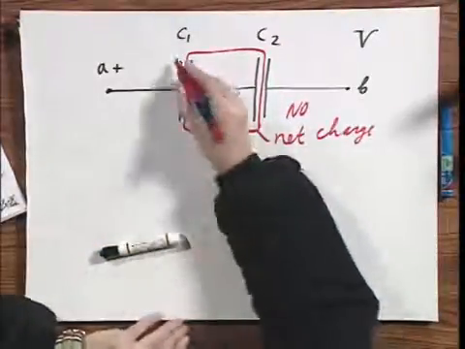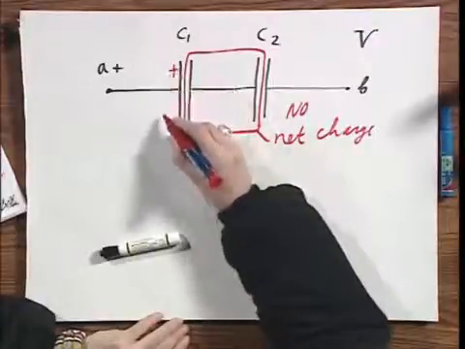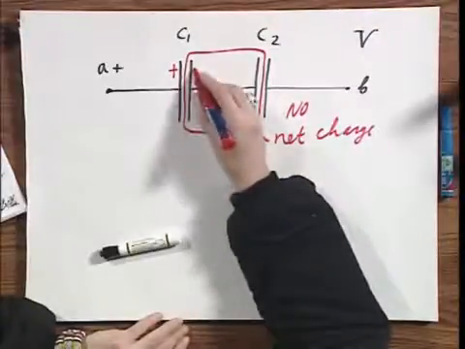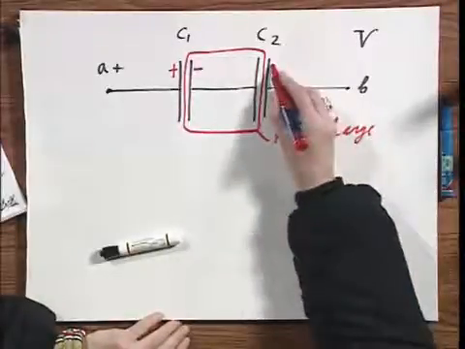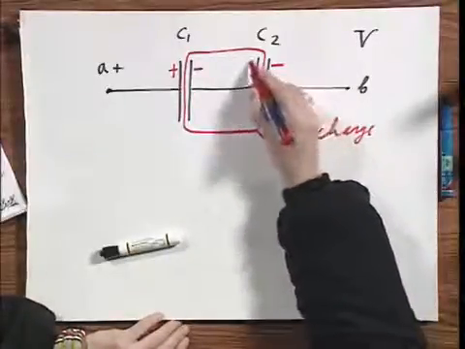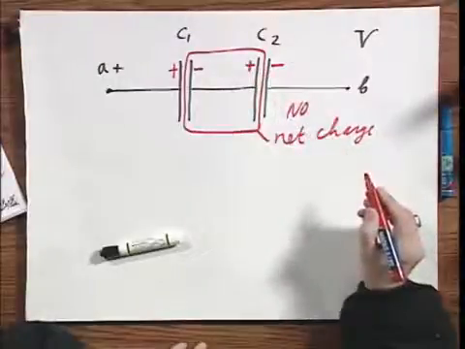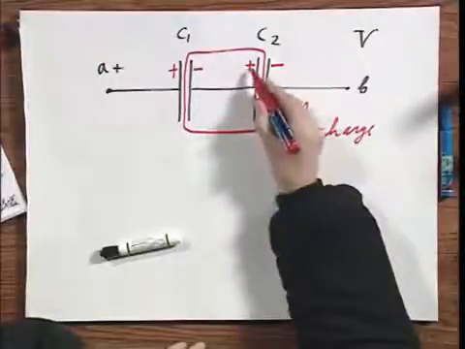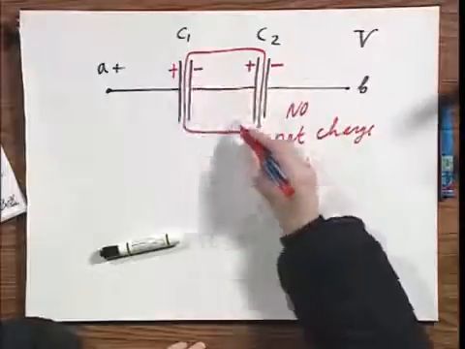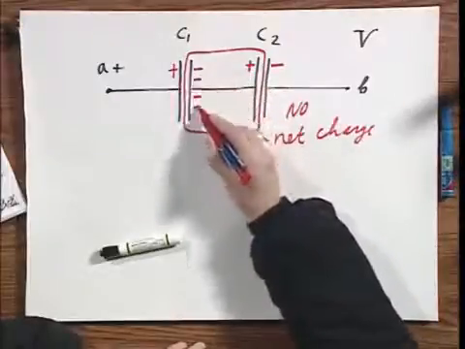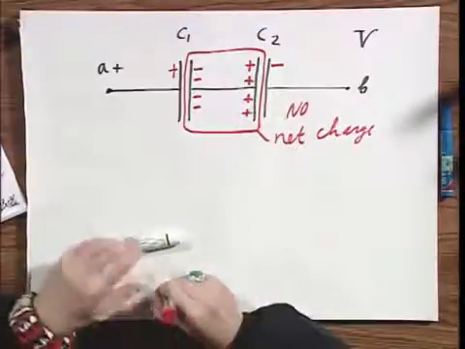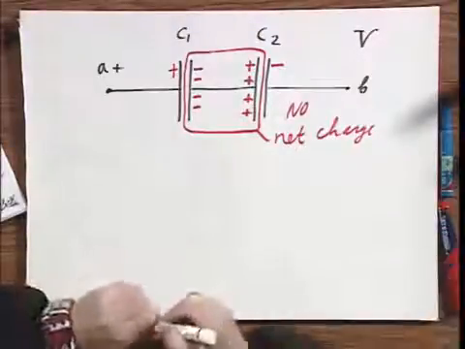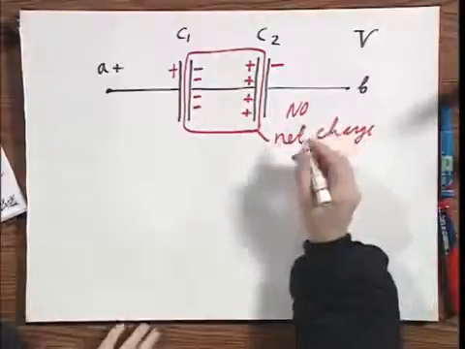It is true that this side of the capacitor becomes positive, therefore this side becomes negative by induction. It is true that this side becomes negative, and therefore that this side of the capacitor C2 becomes positive, but the net result here must be that the negative charge here must exactly cancel the positive charge there. That is very characteristic for series.